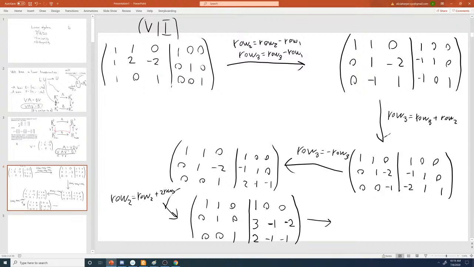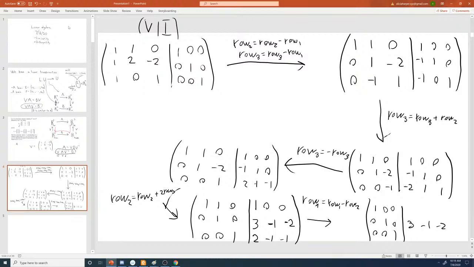Final step is I set row 1 equal to row 1 minus row 2. And now I'm going to have the identity on the left-hand side. And on the right-hand side, I'm going to have, well, the bottom 2 rows won't change.